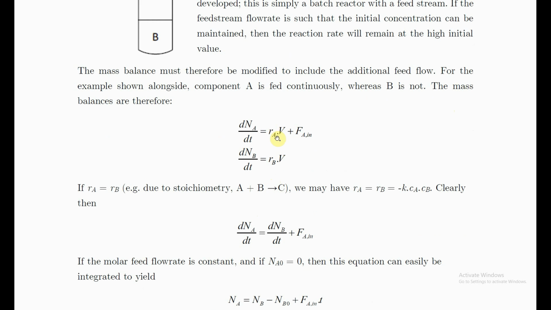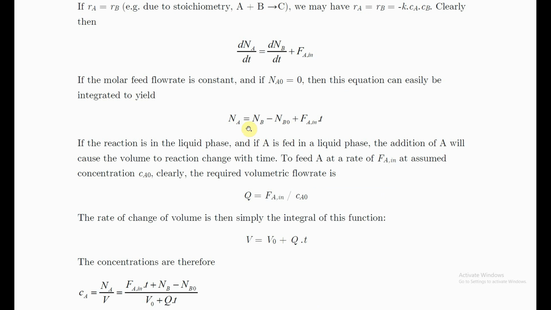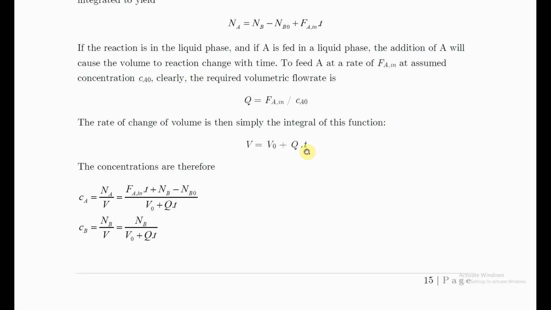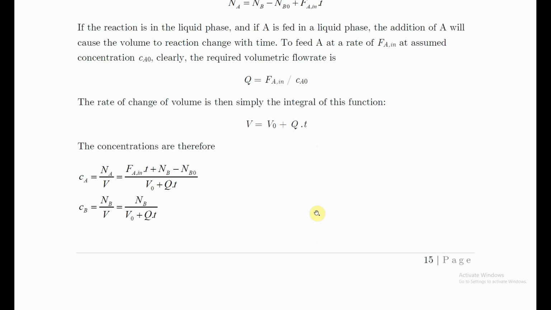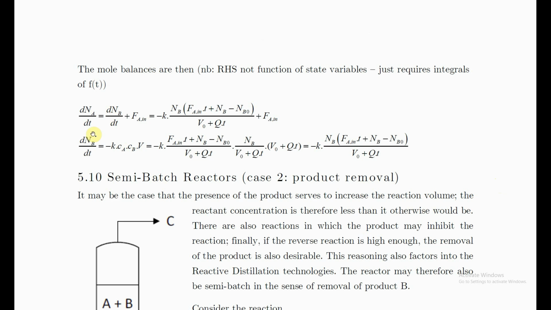So by looking at RA and RB, if RA is minus RB, then you could write it like this instead, and so you can establish a relationship between the two, and hence you can estimate the overall change in number of moles, and so you can do the overall mole balance and so on. So you can do all the expected things, and so rewrite your material balance in another form.